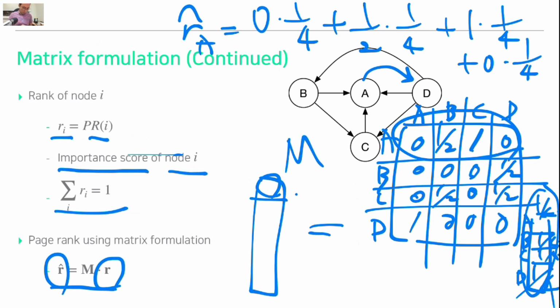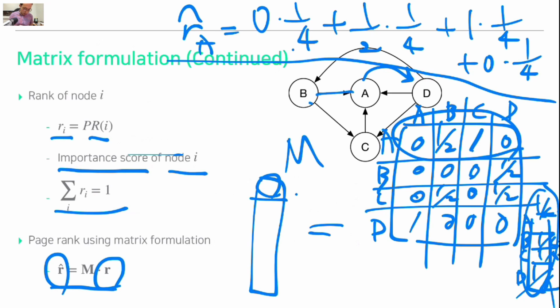So previously we computed the PageRank score for the node A. It has no connection from itself, and from B it has 2 links, right?